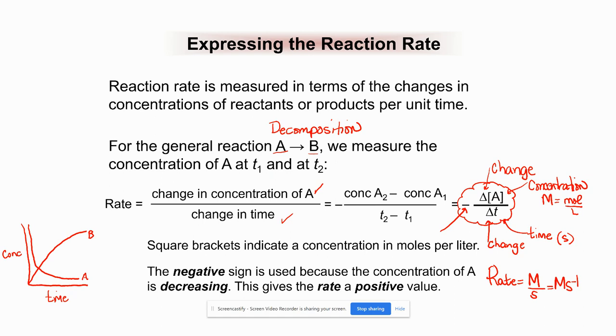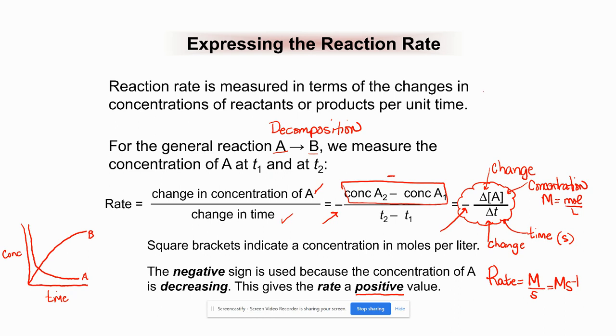So this top part here that I'm highlighting in the expression is going to be negative because it's going down in the amount. But the rates, we always want the rates to be a positive value. And so because of that, we are going to put this negative sign out in front to make the rate positive.